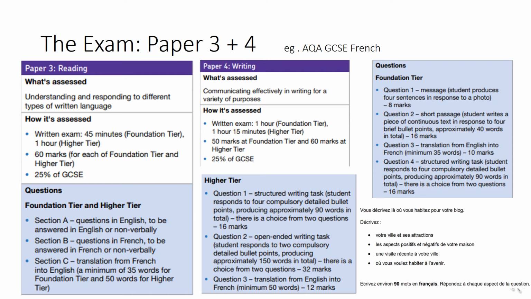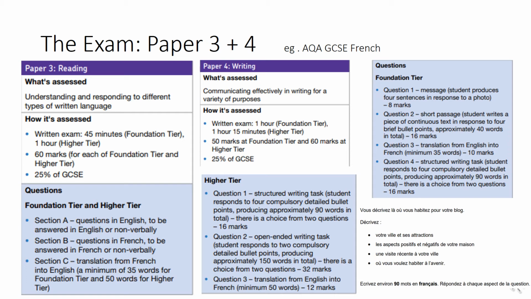The third exam paper is your reading paper, which is 45 minutes long for foundation tier or an hour long for higher tier. Again, this exam paper is worth 60 marks, or a quarter of your GCSE. In each reading paper, for foundation or for higher, there will be 3 sections.